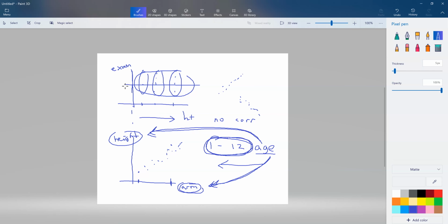Well, that would be something that's more of a direct cause. In other words, if the price shoots up drastically, you would see an immediate effect that people are going to stop buying that product. So that would be more of a direct cause.